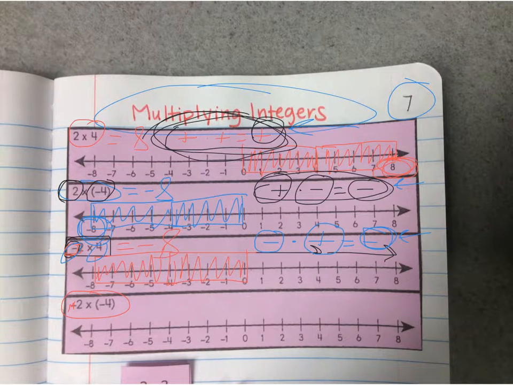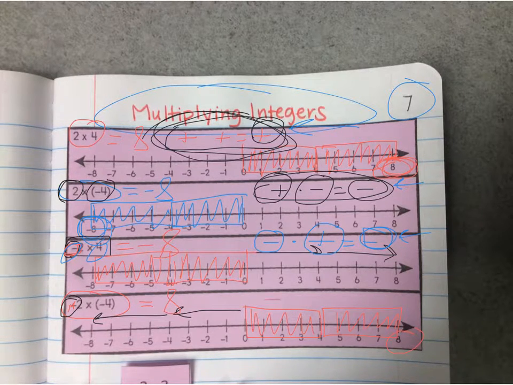So for two groups of negative 4, I would start at 0, go back and back. But this negative right here told me I want the opposite of that, so the opposite would make you go this way. Two groups of 4 over here. So your answer, you can see here, is positive 8.